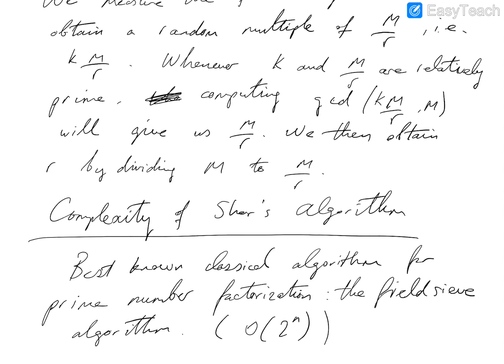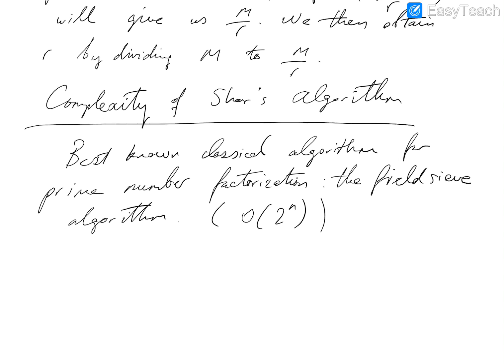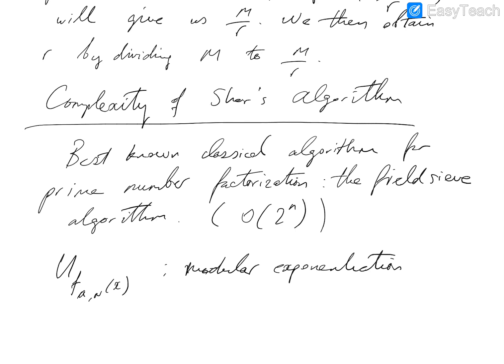For a single repetition of Shor's algorithm, most of the complexity actually comes from the modular exponentiation function, U_f(x).